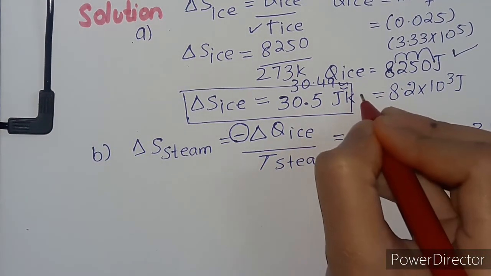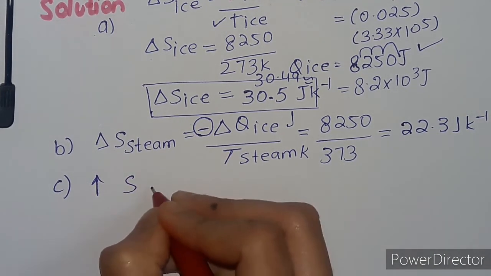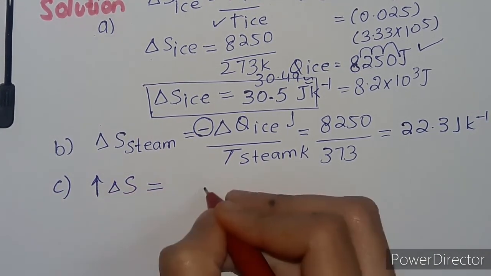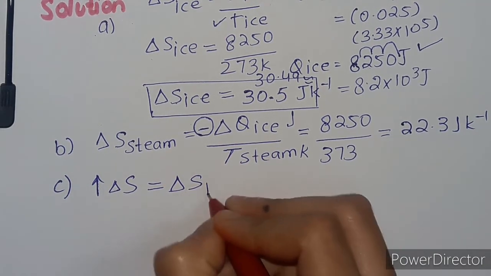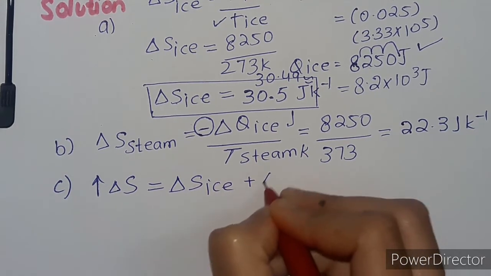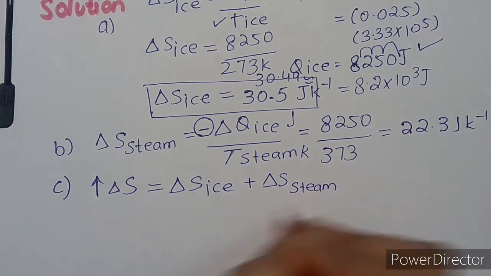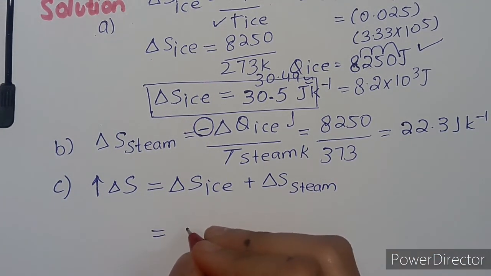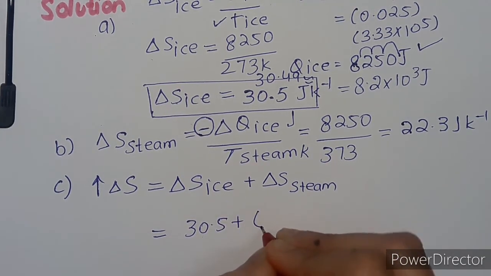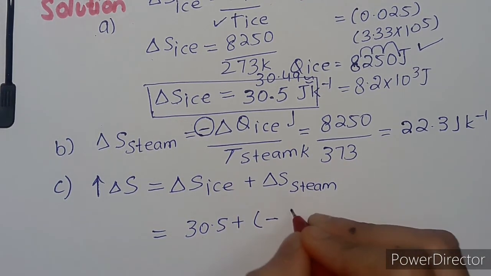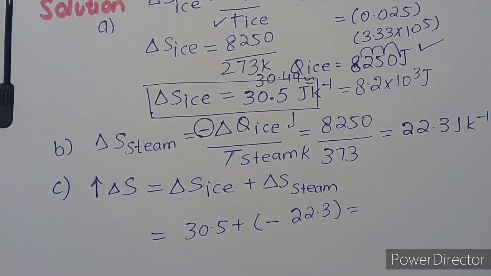We put joule per Kelvin here because the increase in entropy is the change in entropy of ice plus the change in entropy of steam. So by adding both we get 30.5 plus bracket minus 22.3, we get the answer.